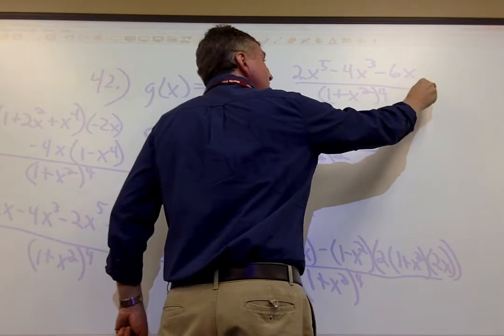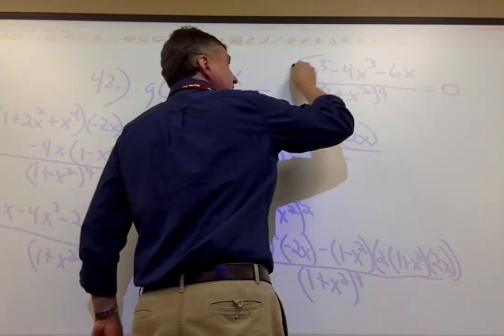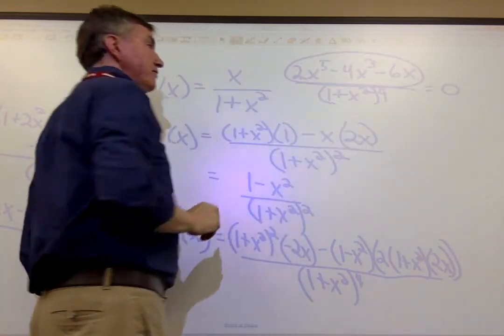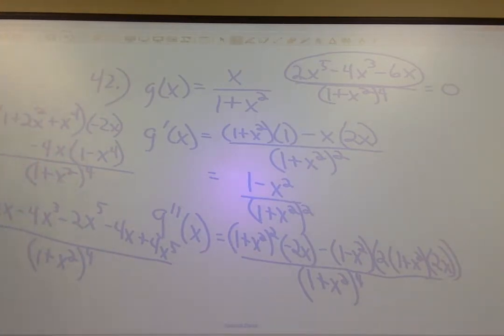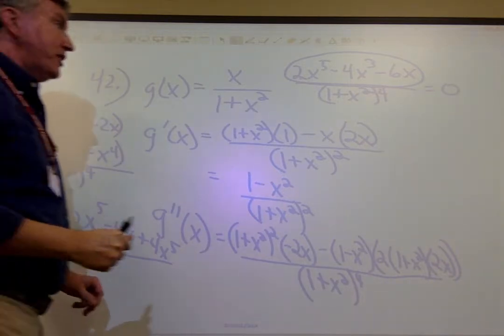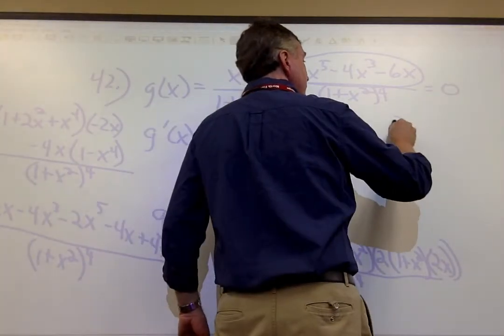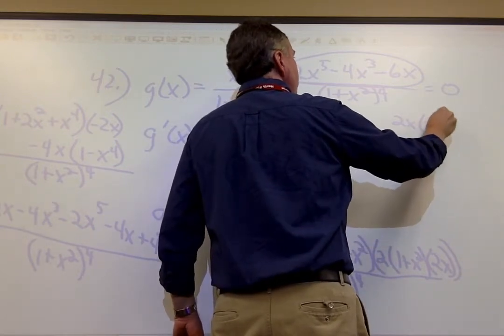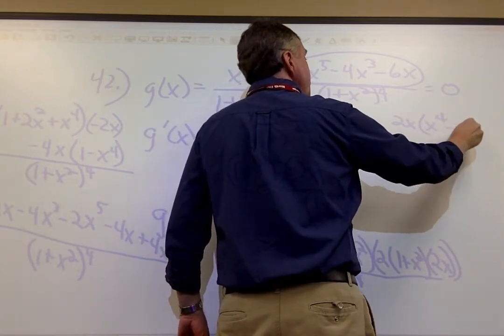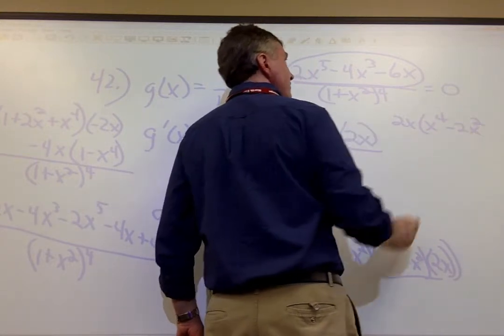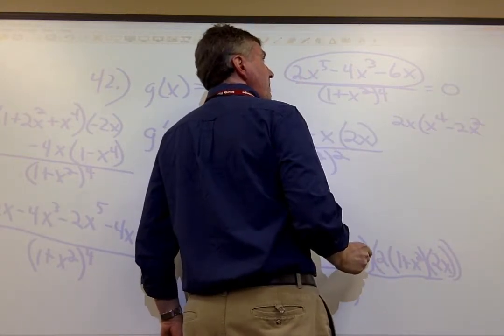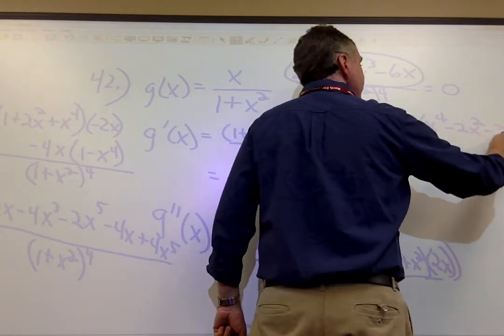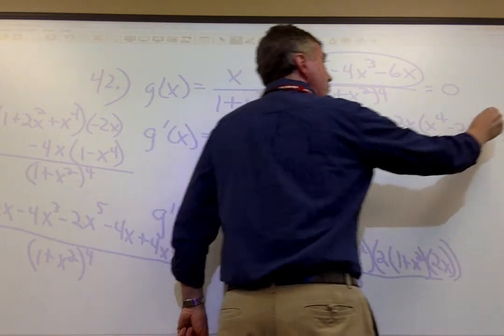If I set this to 0, I only have to set the numerator to 0. Can I factor that? I can factor out what to begin with. I can factor out a 2 and an x, right? 2x times x to the 4th minus 2x squared minus 3 equals 0.